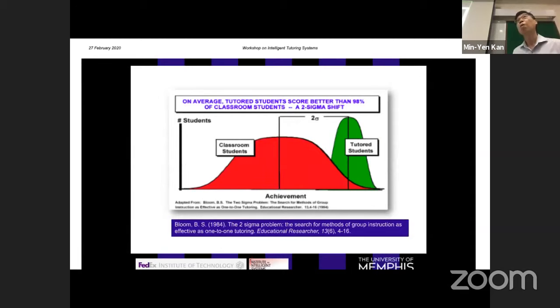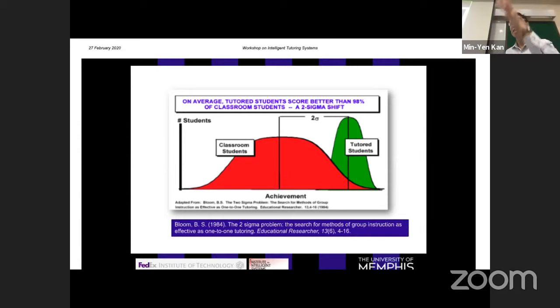So why is that important? One-to-one tutoring, why is it important to have one-to-one tutoring? You look at this chart, it compares one-to-one tutoring students with classroom students. Classroom students means a situation like this, a teacher, instructor teaching to a large group. You can see in terms of achievement, based on a kind of meta-analysis, that in general, if you have one-to-one tutoring, it improves by 2 standard deviations.